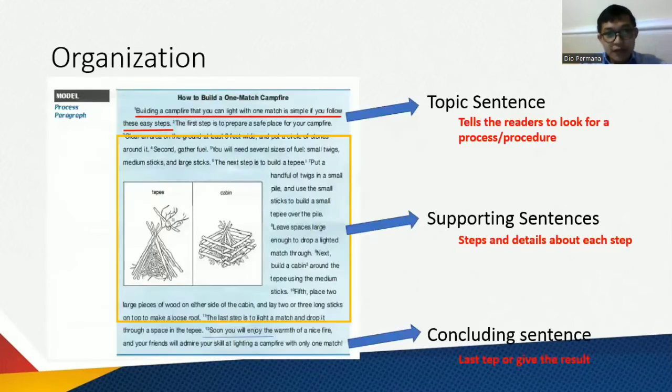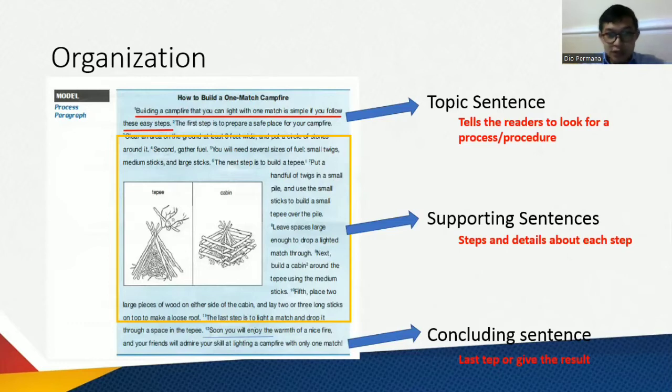So this is an example of the organization of a procedure or process paragraph. As you can see, it is a single paragraph, and it consists of a topic sentence, usually at the beginning of the paragraph. This topic sentence tells the reader to look for a process and procedure.